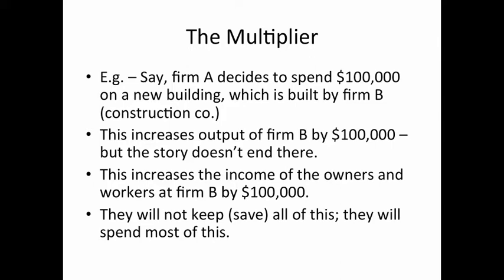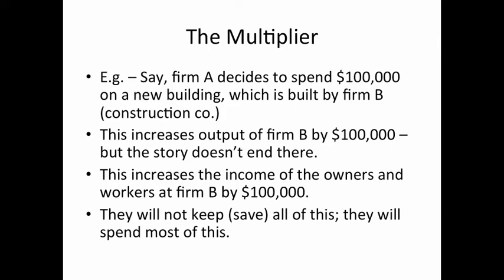But the story hasn't ended. The story continues. And all because of that initial $100,000 increase by firm A. Because when firm B's output increases by $100,000, well, it's receiving that $100,000 from firm A. So the income to the owners of firm B and the workers will also go up by $100,000.